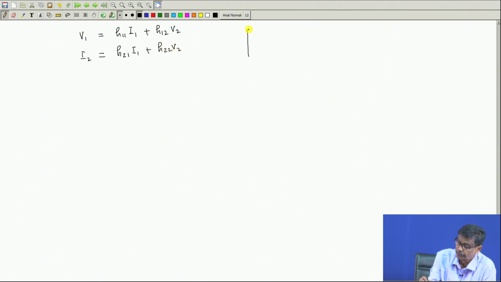So, this is the two port network, plus minus, these are the conventions which we should not break to find out anything. So, this is V2, this is I2.